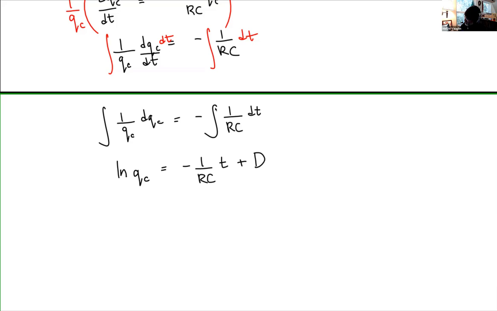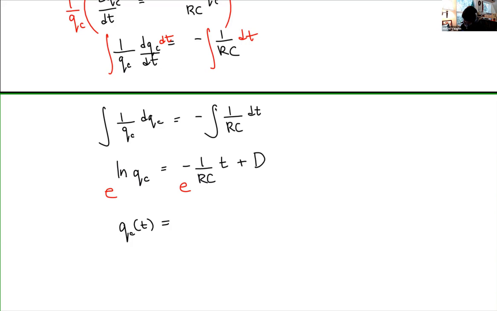So what we want to do from here is exponentiate both sides. In other words, write both sides as exponents of e. What we have is e to the natural log of Q. The left side just becomes the argument of that natural log.